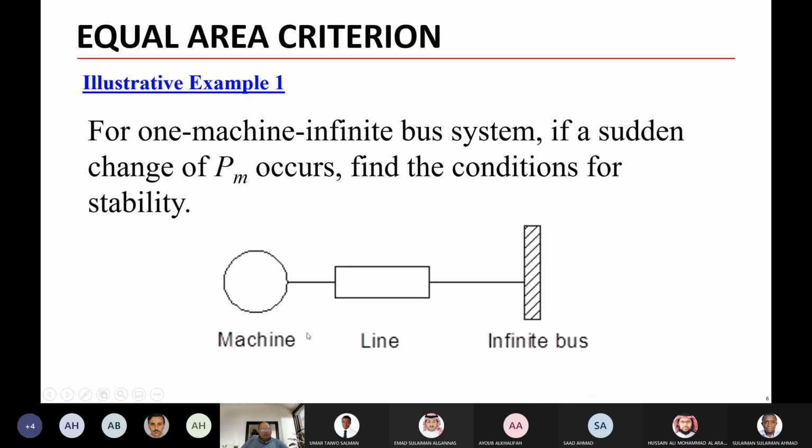Let us consider some illustrative examples to address a sudden change in mechanical power, and a fault. The fault could be three-phase or single line to ground, at a certain bus or at the midpoint of the line or here and there.